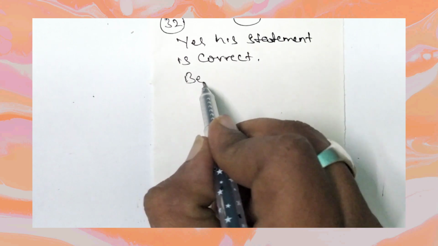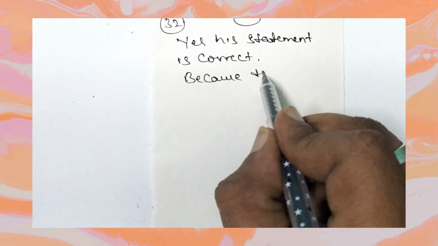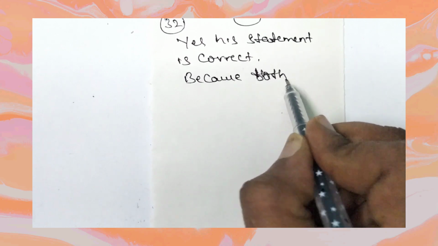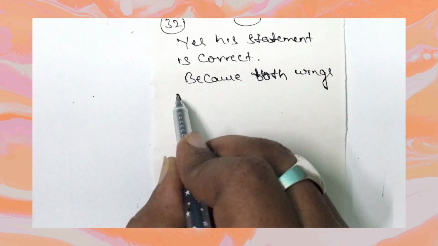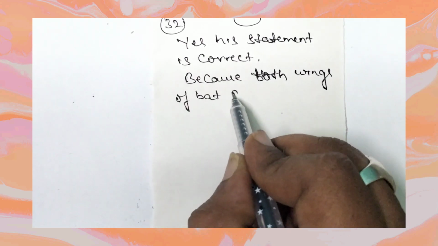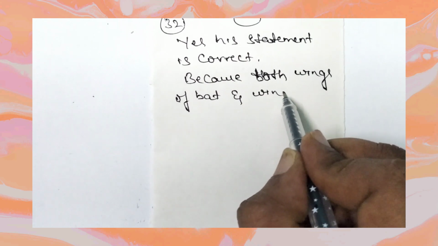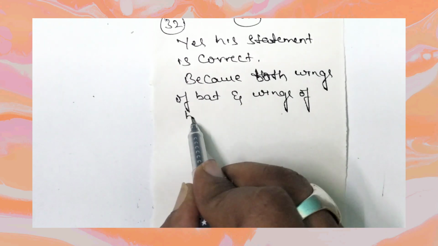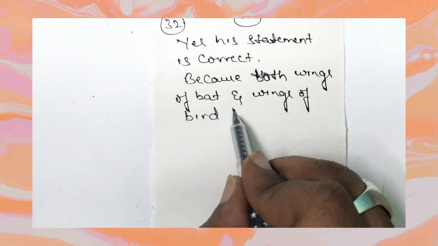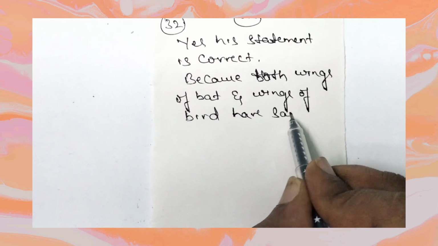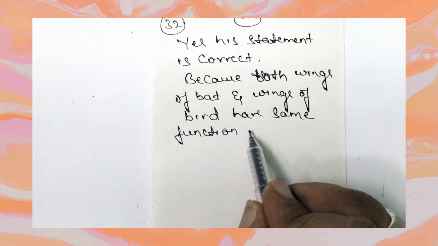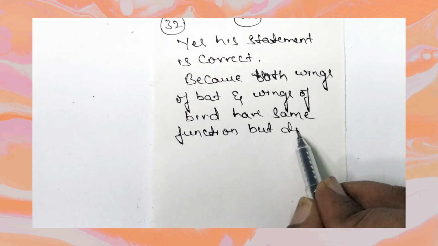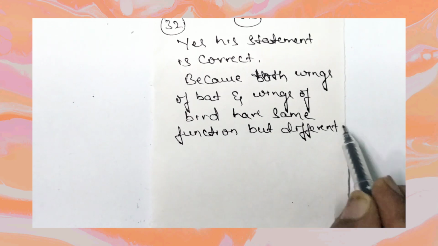Justify is asked. So because both wings of bat and wings of bird have same function, that is flying, but different structure.